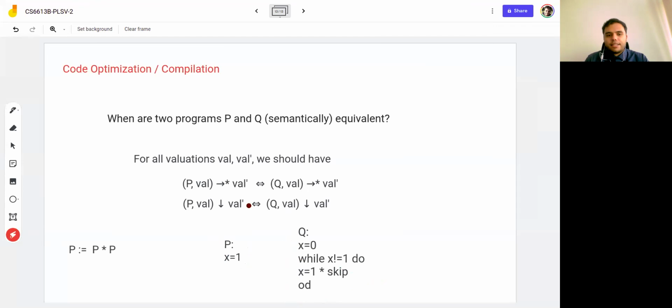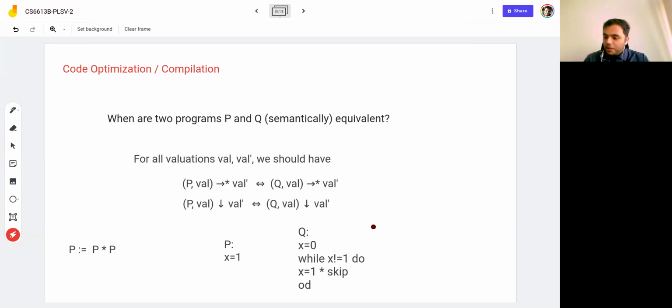So in that sense, this kind of equivalence doesn't really work when you have non-determinism. And basically non-determinism is hard.